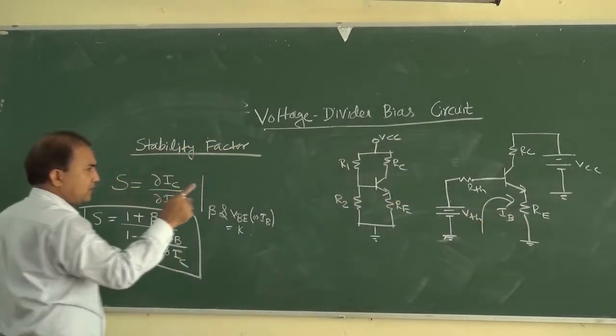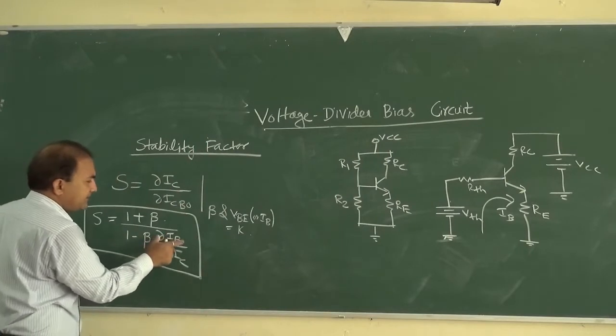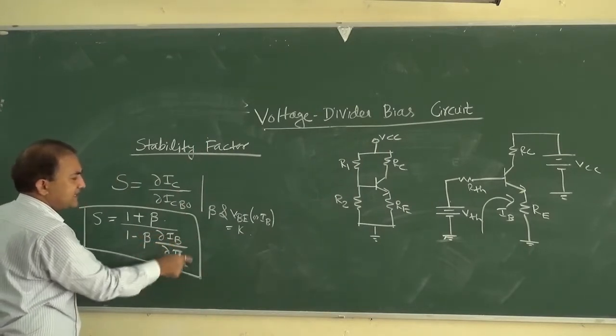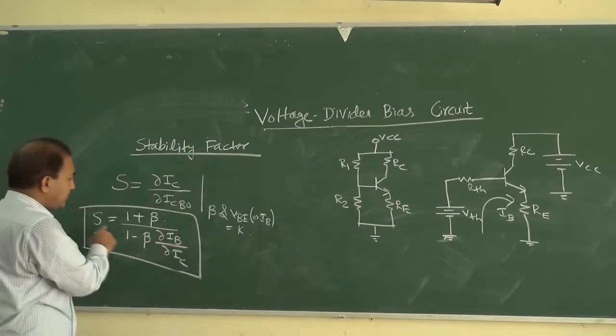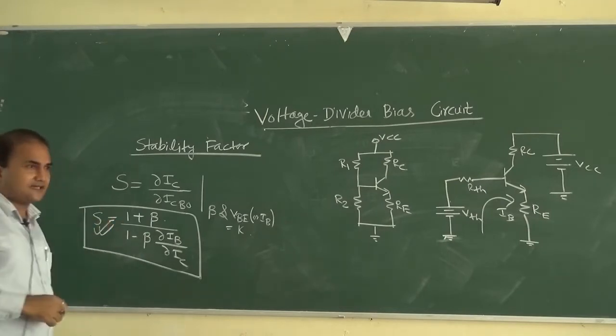So what do we have to determine? We have to determine the change in IB with respect to the change in IC, so that we can calculate the stability factor.